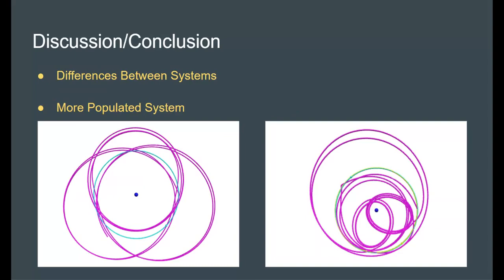So, as far as the differences between the single moon system and the double moon system, it was significantly harder to get it into any sort of stable orbit with the two moons, especially one as nice and symmetrical as we had in the single moon system, because there were just a lot more gravitational interactions going on.